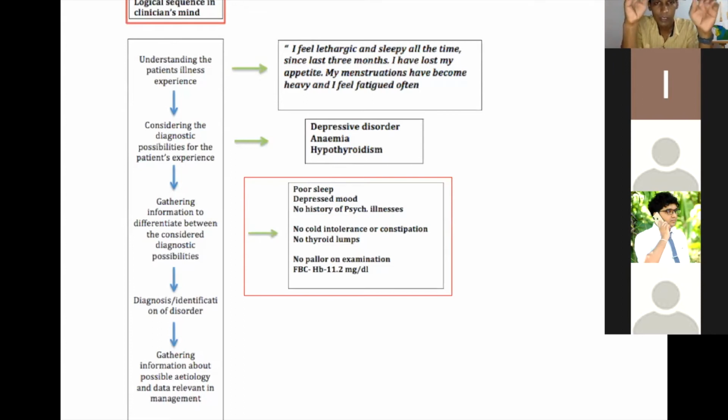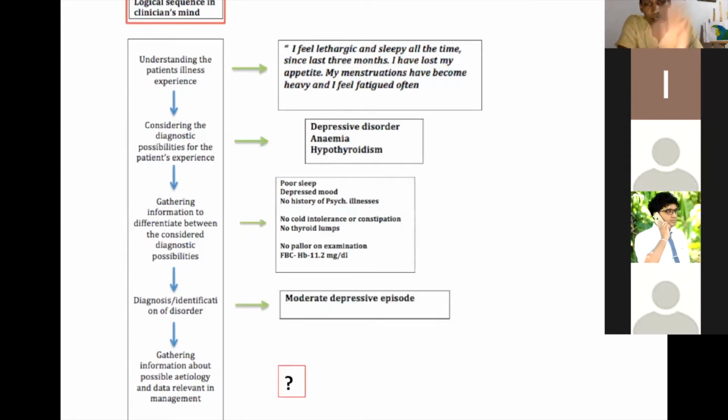Then we can organize the diagnostic possibilities in a hierarchy, and now depression comes on top after this exercise. Right? Anemia and hypothyroidism become less probable. Okay. Then we can consider a depressive episode as the most probable possibility for this clinical picture, right?